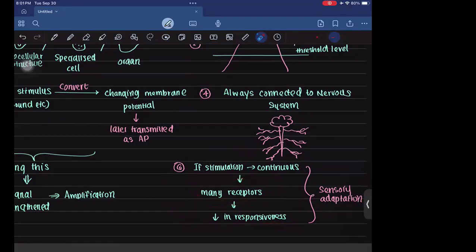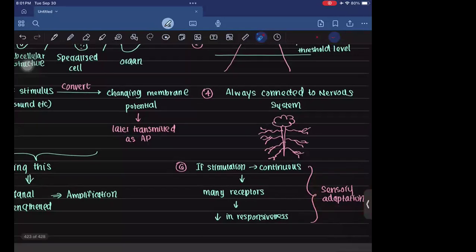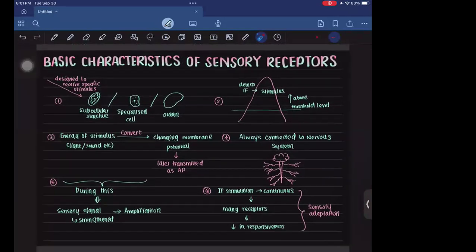That is known as sensory adaptation. So there are two important things you have to remember here. One is sensory amplification, the other one is sensory adaptation. Amplification means that when the information is going to be transmitted to your central nervous system, or when the energy of the stimulus is being converted to changing membrane potential, the sensory receptors have the ability to strengthen that, to exaggerate that. That is amplification. What is sensory adaptation?